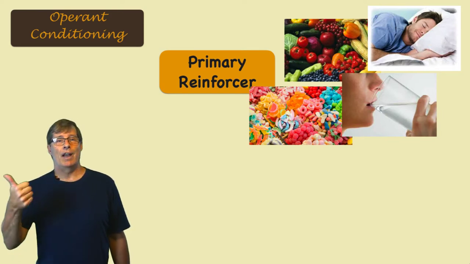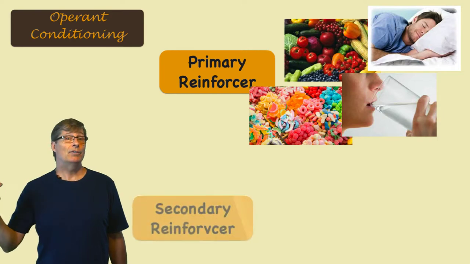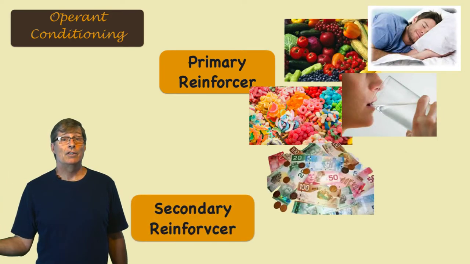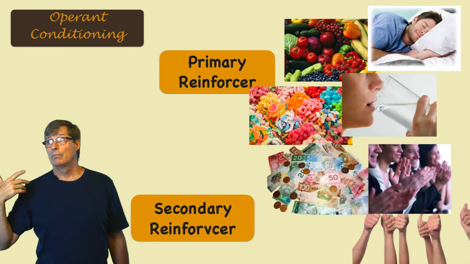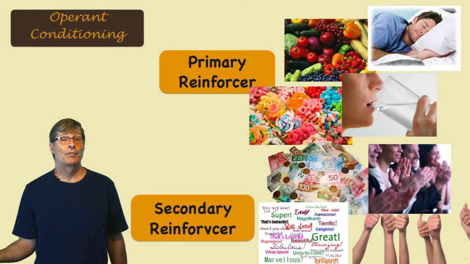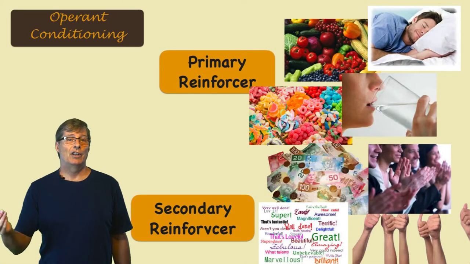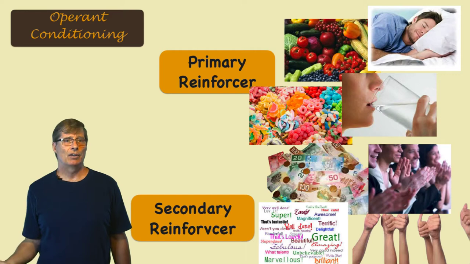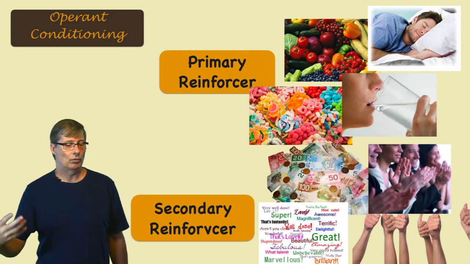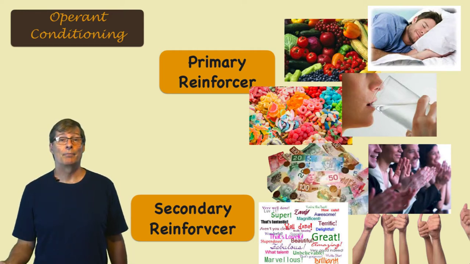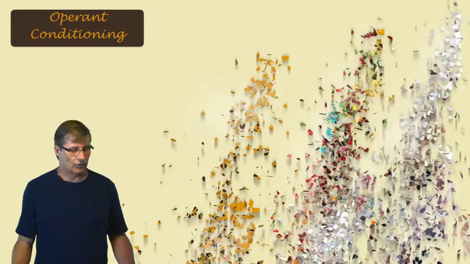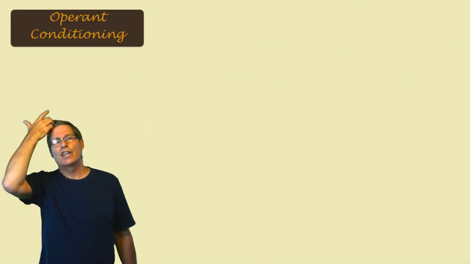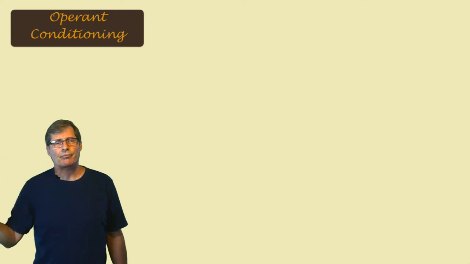So we've learned the value of money, praise, or applause. These are learned. They're not basic human survival needs. And so that's what makes them secondary. And we should be using more of the secondary when trying to do so, with children in particular, but not exclusively.